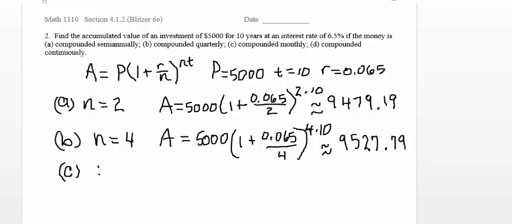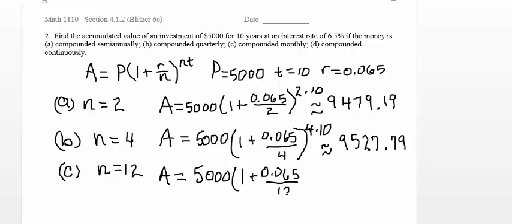Now for part C, I'm compounding monthly. So that means I'm going to compound 12 times a year. So my N value is 12. I use the same formula. P, the principal, is 5,000. R, the interest rate, is 0.065. T is still 10, but now N is 12.